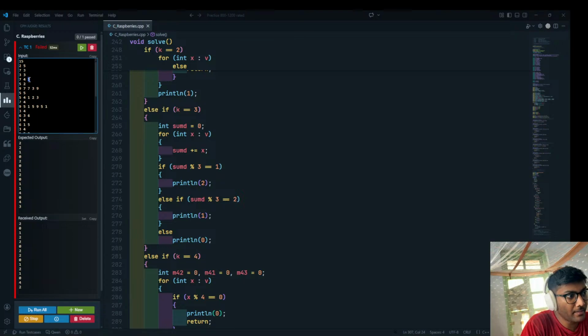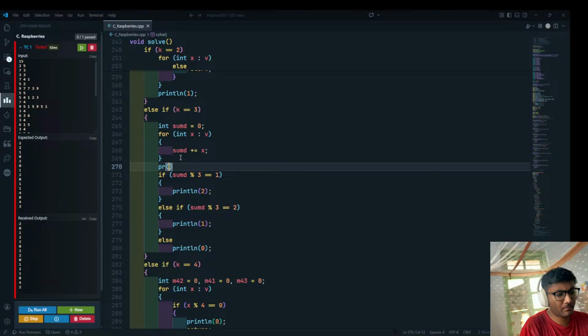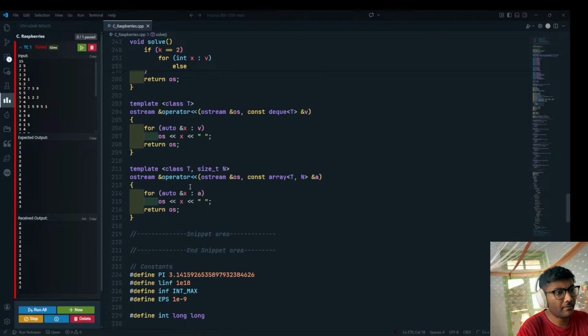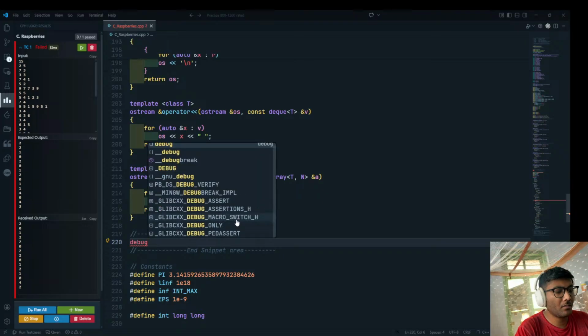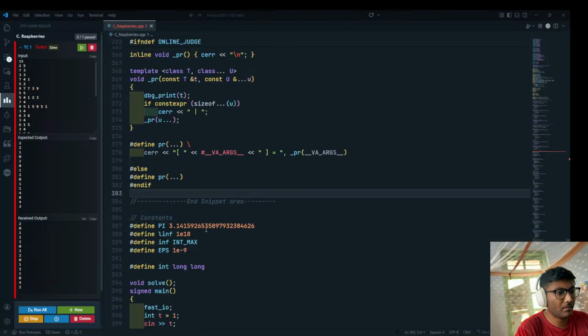Okay, let's have the debug template. Loading is very slow, I guess. Why?